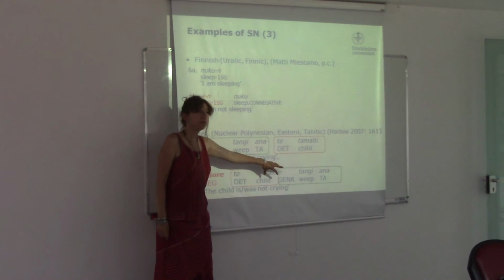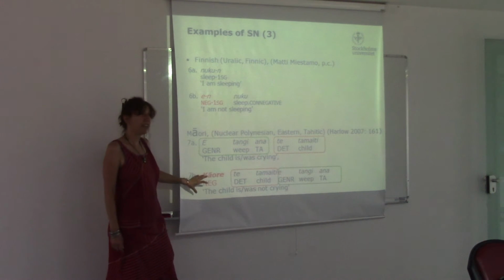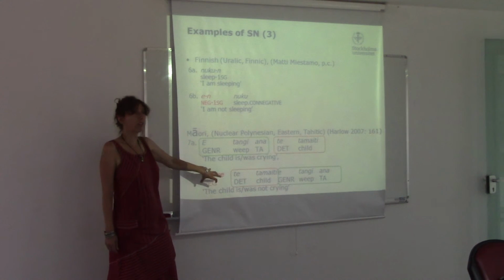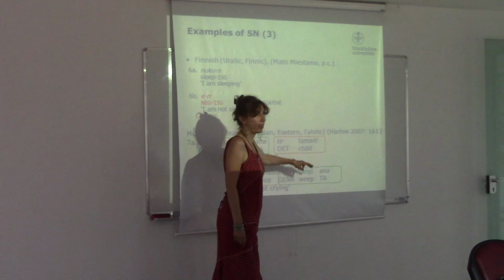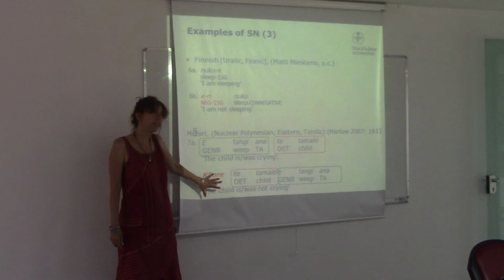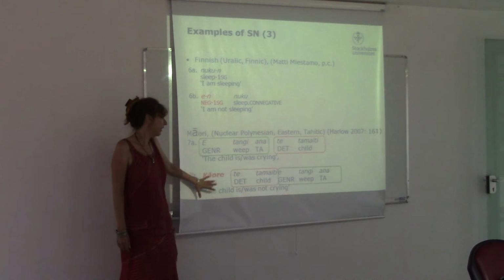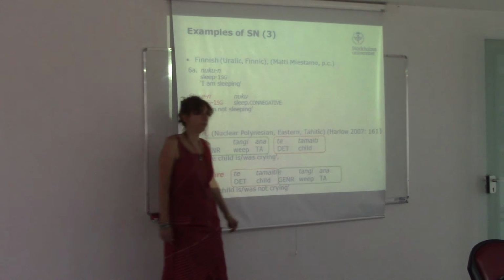In Maori, this indicates subordination. So essentially, what this sentence literally means, kaore literally means 'there is none', so there is no child that is crying. You have a complex structure where the negative verb is in the main clause and the negated proposition comes in the subordinate clause.